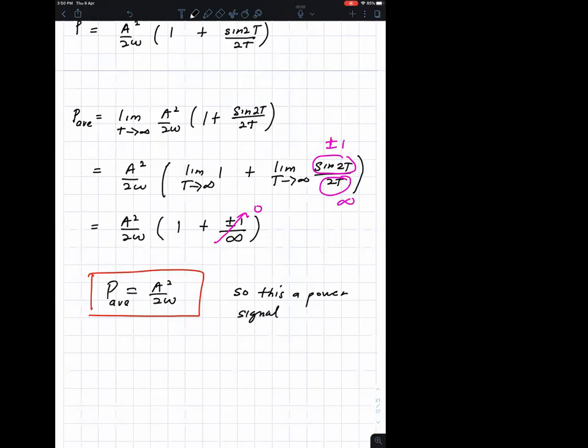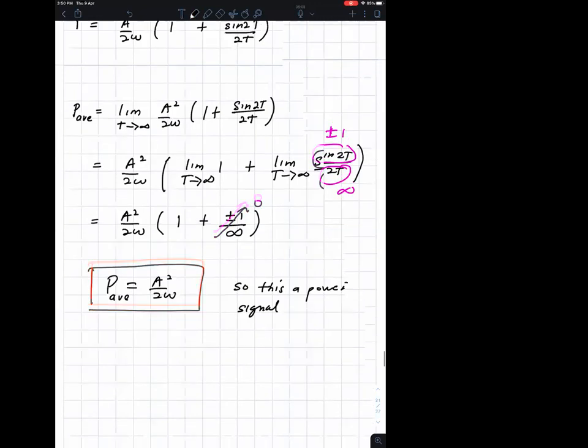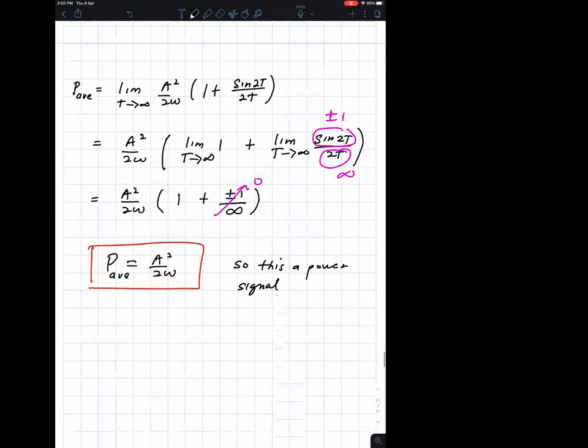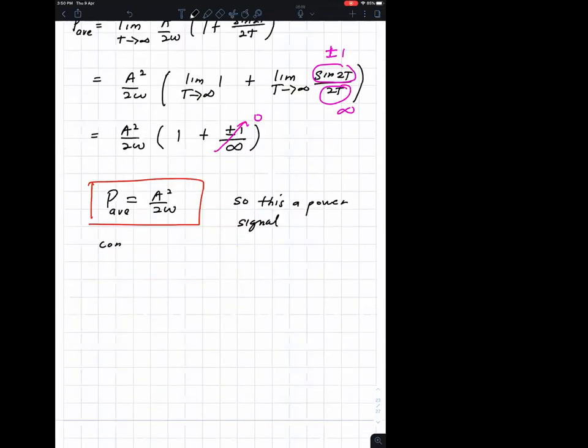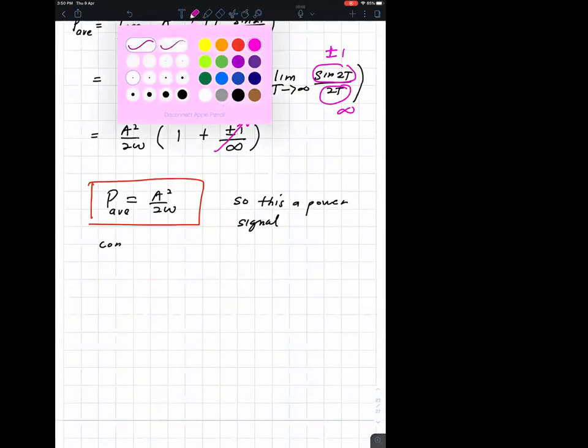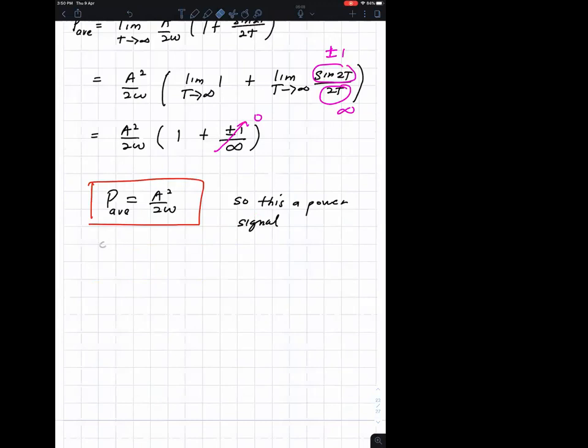Any question? So what is the condition to be recognized as a power signal? Good question. The condition is the same as for energy.